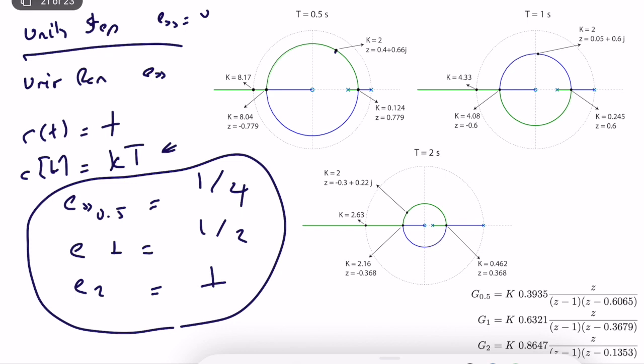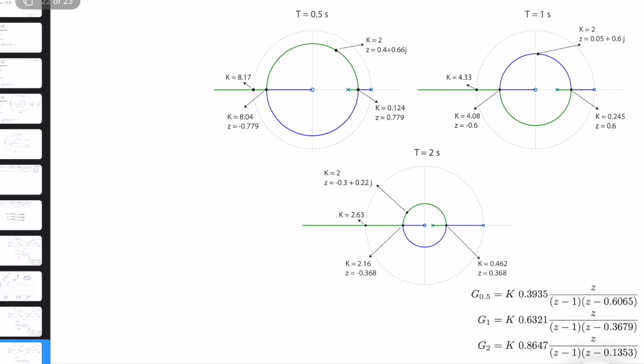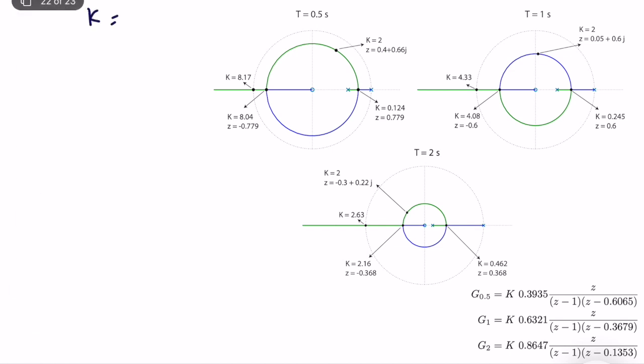So let's go to here. For the same gain, k equal to 2, so we are not changing the gain, overshoot decreases with sampling time, approximately. Peak time decreases with sampling time.